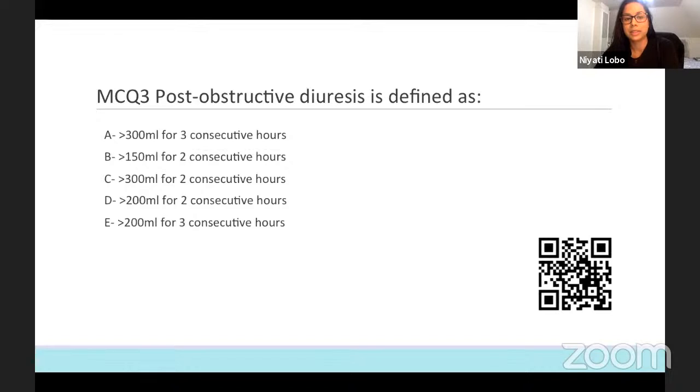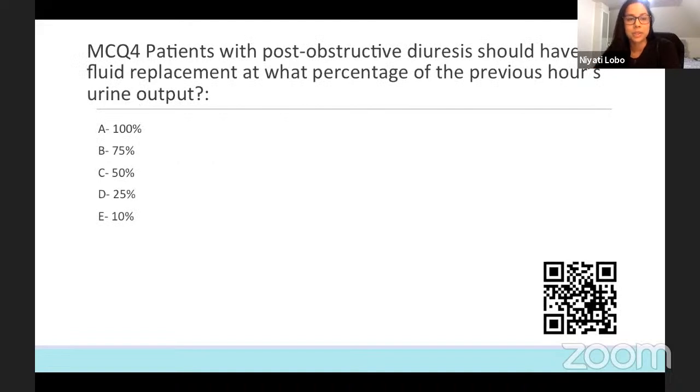Post-obstructive diuresis is defined as which of these? Next question. Patients with post-obstructive diuresis should have fluid replacement at what percentage of the previous hour's urine output?